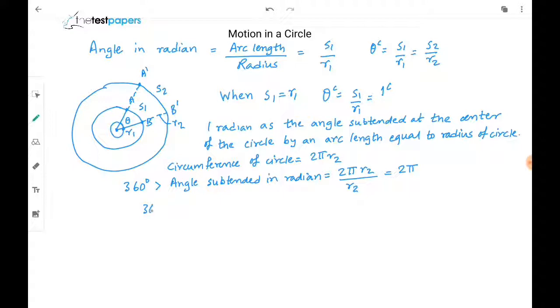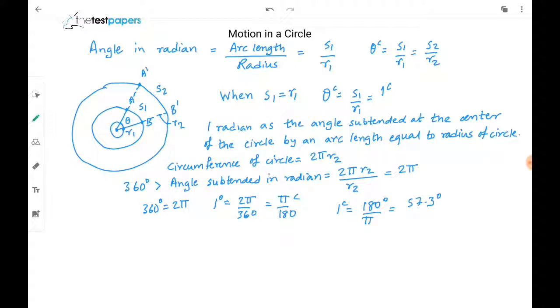Because 360 degrees is equal to 2 pi, 1 degree is equal to 2 pi by 360, which is equal to pi by 180 radian. Now if you reverse this, we can also write this as 1 radian is equal to 180 divided by pi degrees, which is approximately equal to 57.3 degrees.